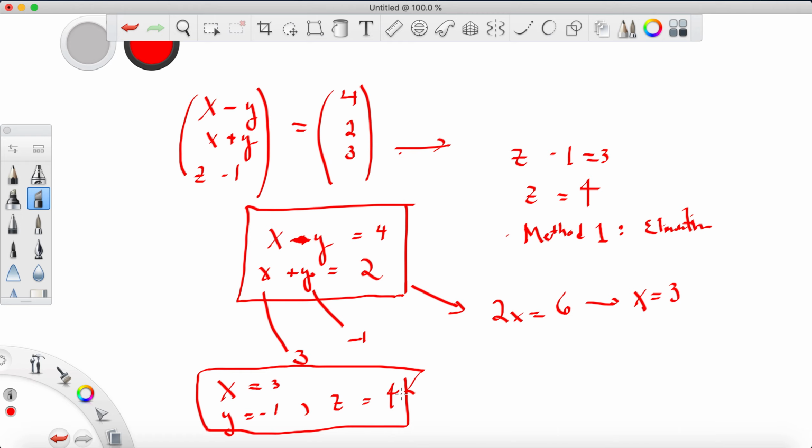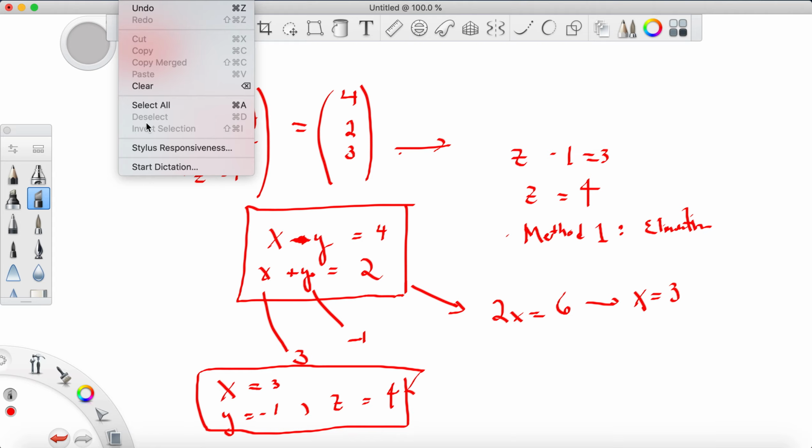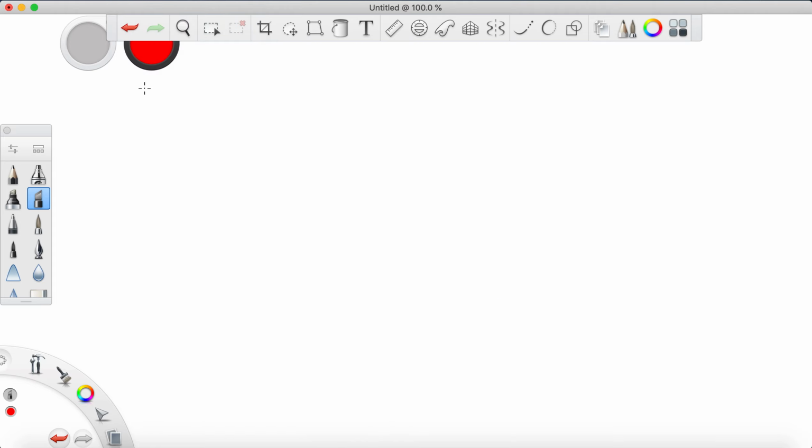So what else? How do you add vectors? So some topics we're going to cover. We're going to learn how to add vectors. We're going to multiply vectors with scalars.